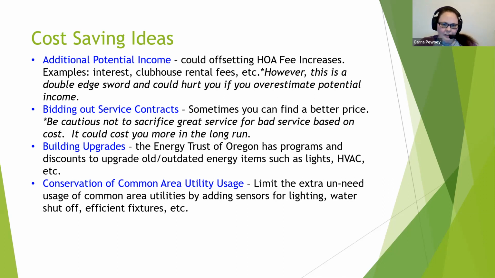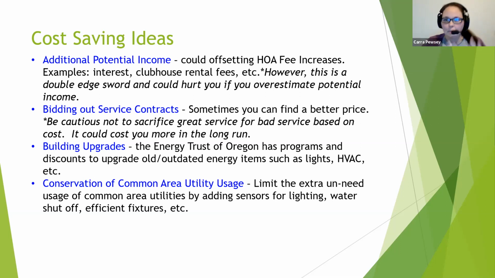Conservation of common area utility usage. So this would be, for example, if the association had common water, so each of the individual unit owners use water that's paid for by the association. There are several different entities out there that will give you faucet fixtures that allow for reduced usage flow, and changing out your shower heads.